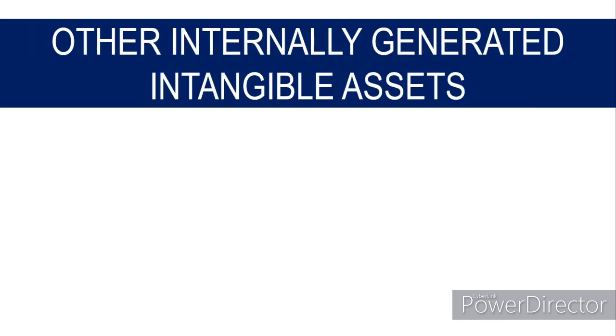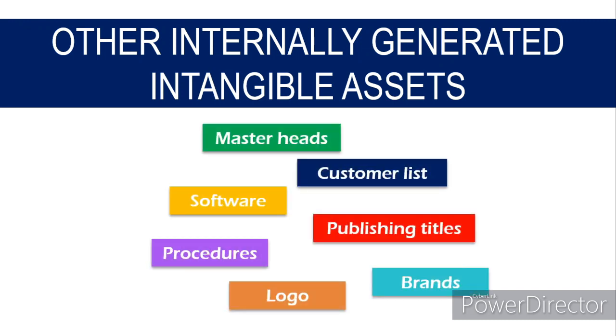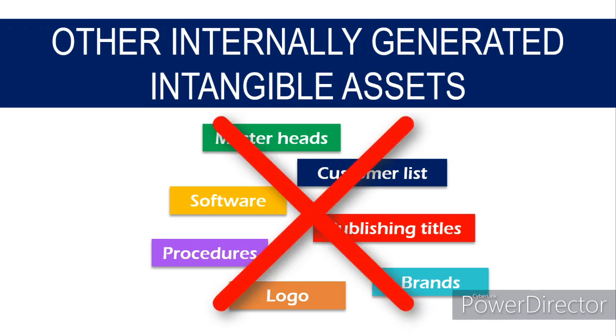So what about other internally generated intangible assets? We have talked about goodwill. What about the others, such as your logo, your trademark, your customer list, your mastheads, and even your prototype? MFRS 138 also says no, you cannot recognize it.